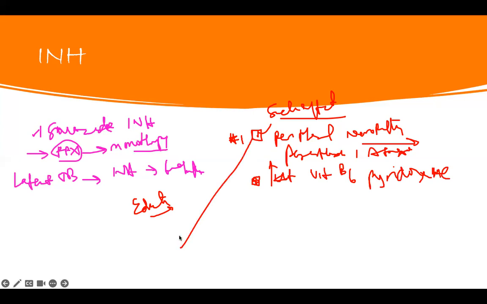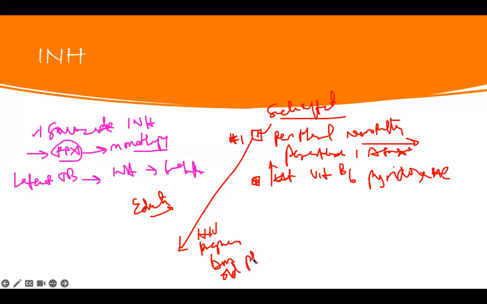You have to know, in case they ask you, there are some patients whose risk of peripheral neuropathy is high. These are patients who are slightly immunocompromised. So HIV patients, pregnant ladies, they are immunocompromised. Diabetes, you know, the immune system is a little bit lower than normal, and older patients.